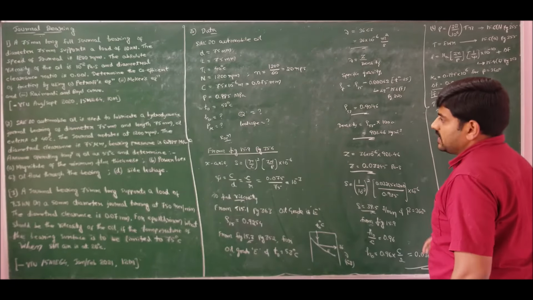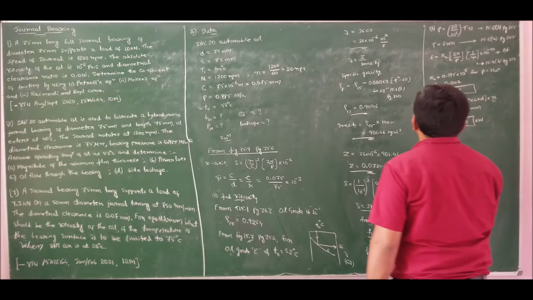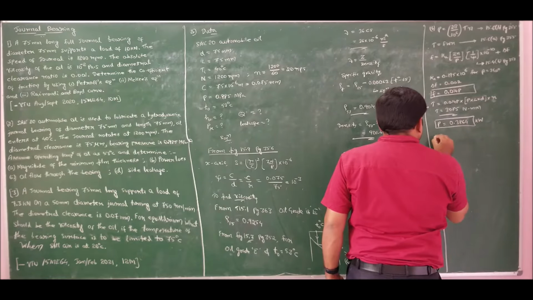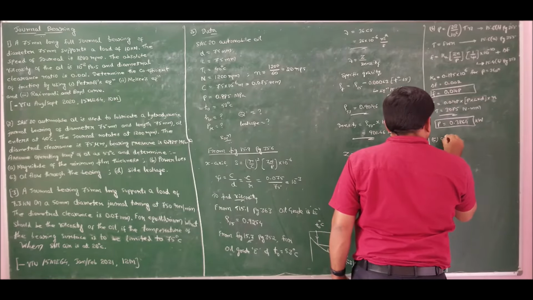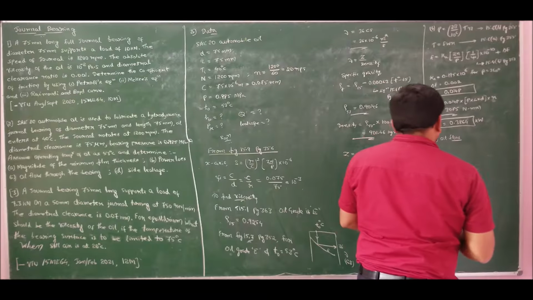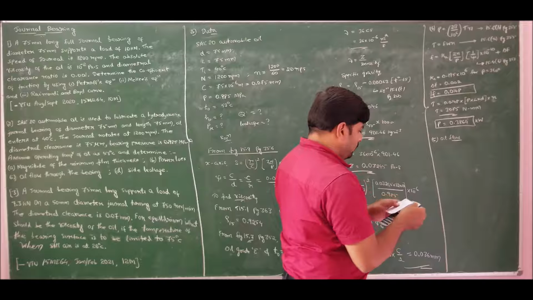Moving ahead to find the oil flow through the bearing. So we have C, oil flow. To find oil flow, first we should find the flow variable from the graph.